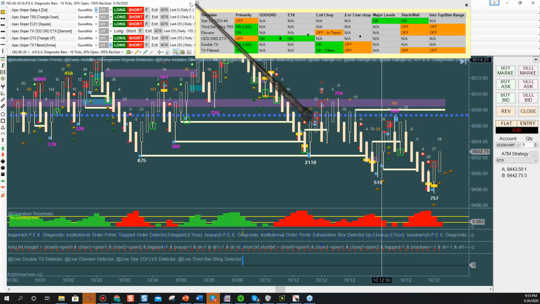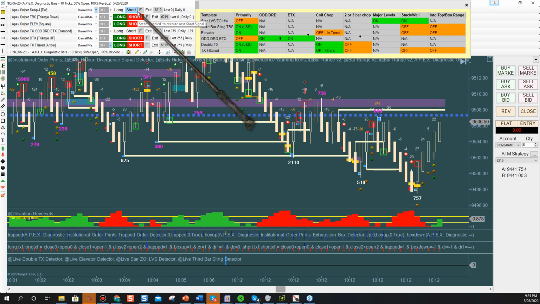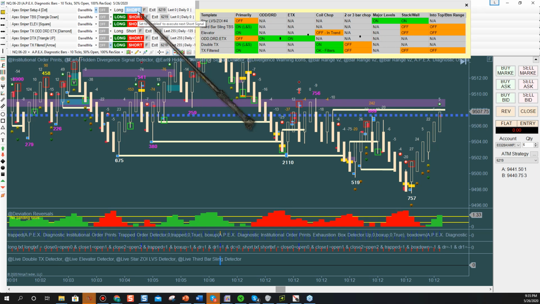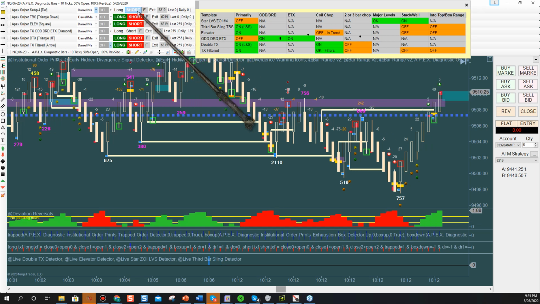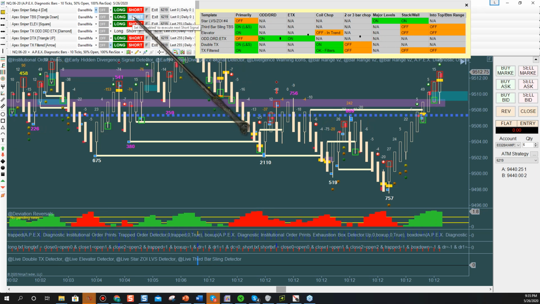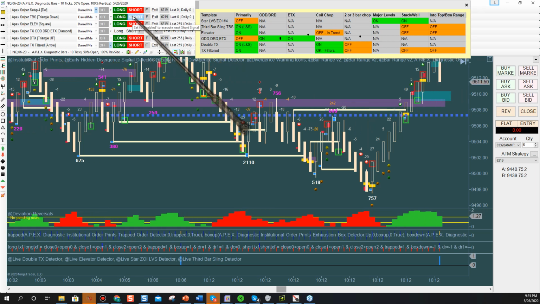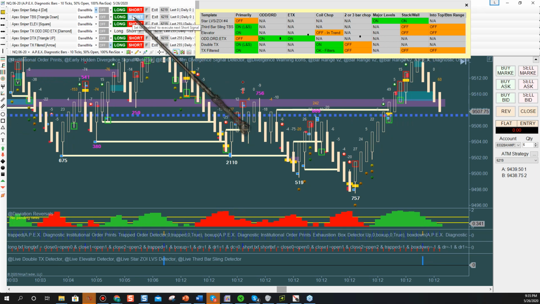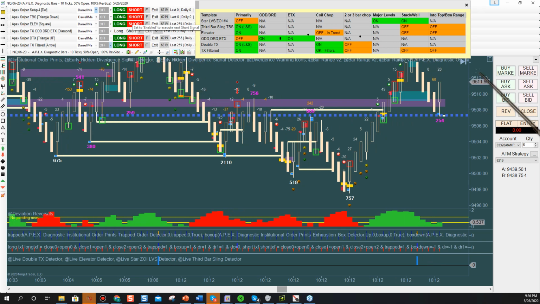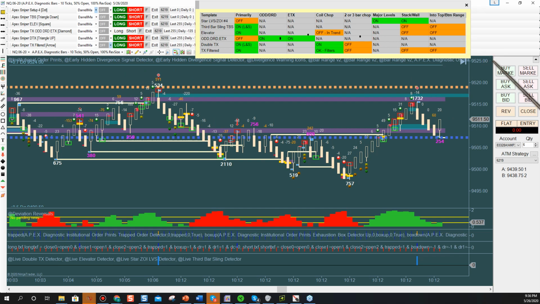We should definitely have our setup 4s off because we're not near a level or wall. Now we're near a level or wall. Short. Breaking above it. Turn the long on. Whoops, I went off the page.